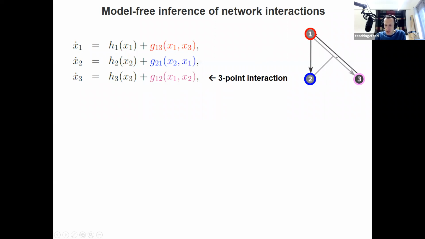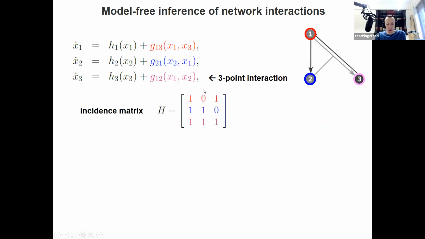And that's symbolized here by this T-shaped arrow. Some people just circle the group of involved variables, so 1, 2, and 3. The 3 is implicit here because this one appears in the rate of change of variable x3. So that's one way of writing this very basic dynamical system. And again, our assumption is that we have no idea of what exactly h1 is or what these functions are, okay?